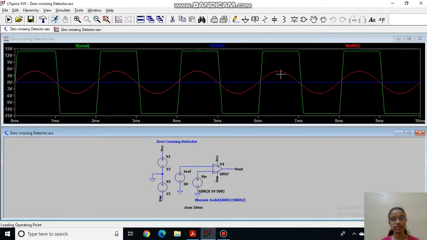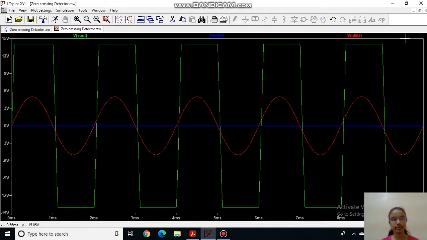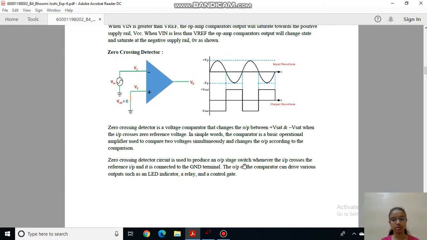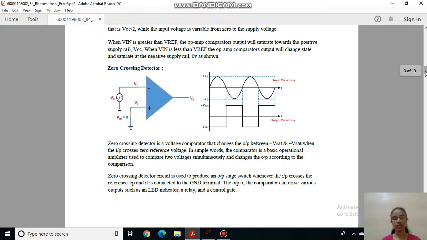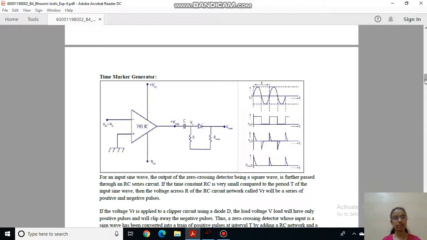So as you can see, this is my output waveform for zero crossing detector. So in this case, we are getting positive saturation, negative saturation, and it will continue on. Now let us start with third part, which is time marker generator.